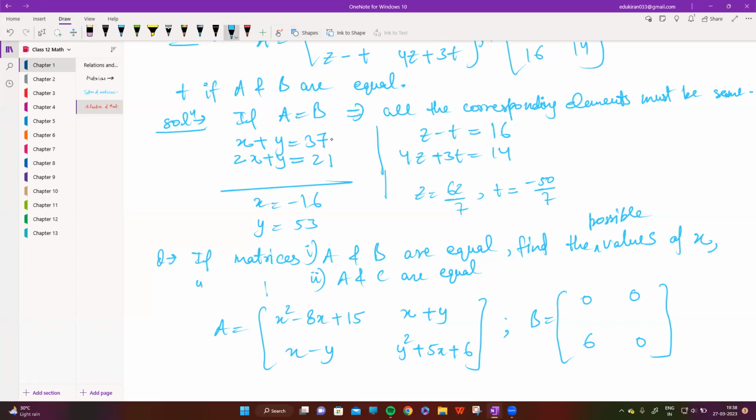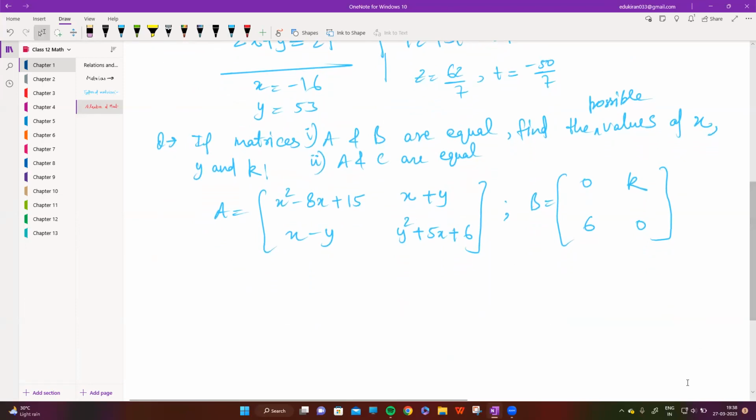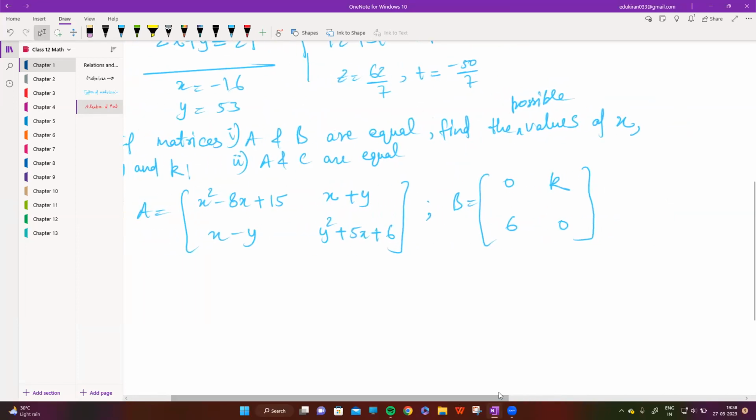X, Y, and K. Now solve this first. As soon as you get this, then we'll be able to go on to the second part, A and C. This is your C.